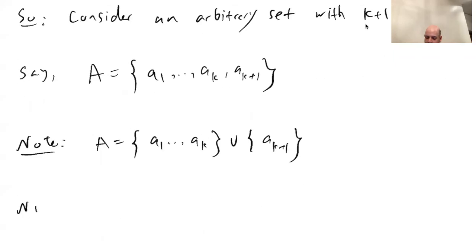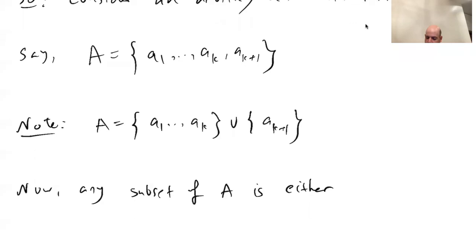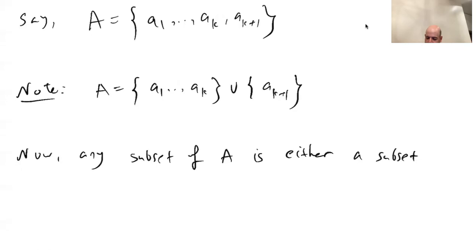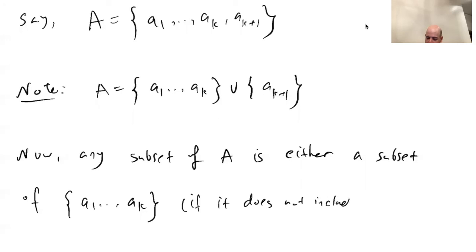So now any subset of A is either a subset of A1 to AK if it does not include AK plus 1.